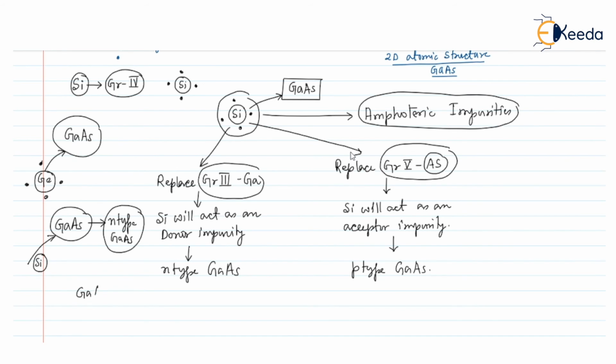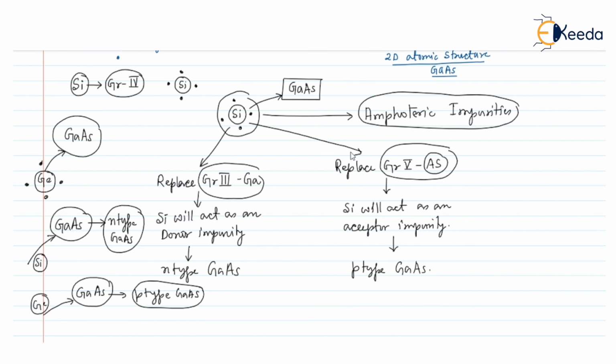Similarly, if gallium arsenide is doped with germanium, then the gallium arsenide will become p-type. Though germanium has the capability of replacing the donor impurities, it is experimentally found that inside gallium arsenide, germanium predominantly acts as an acceptor. That's why the gallium arsenide will be converted into p-type gallium arsenide.